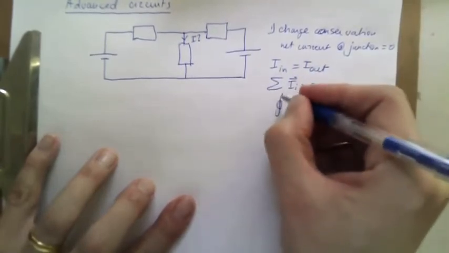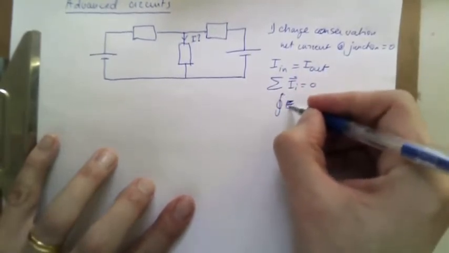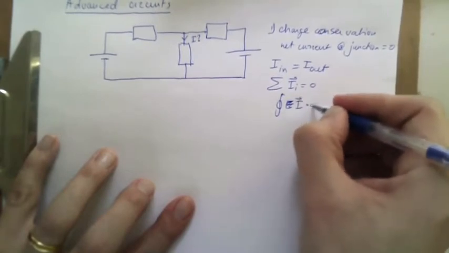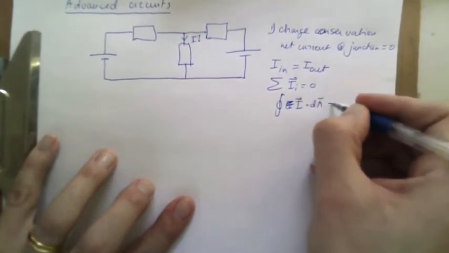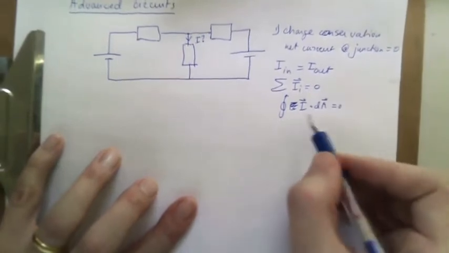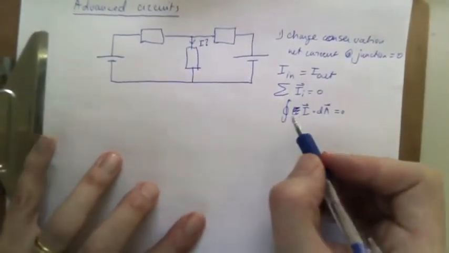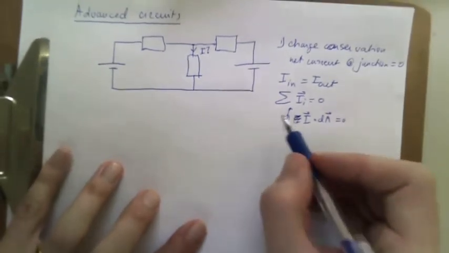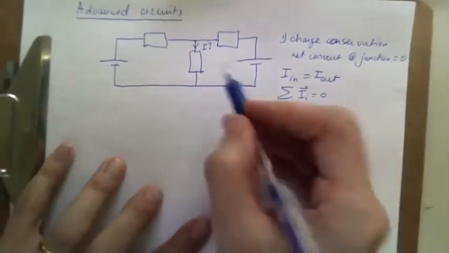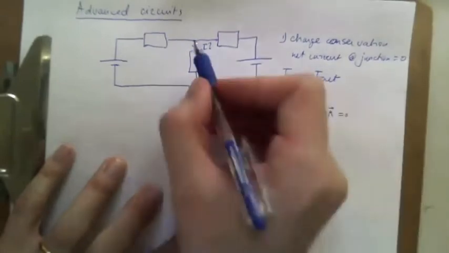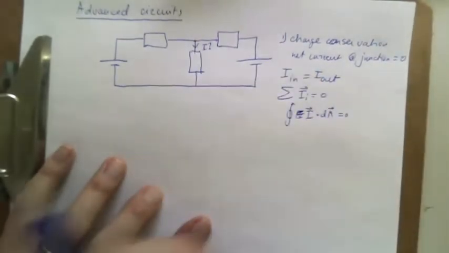Or if you want to be super fancy, that's a Gaussian type integral. These are all the same things, right? So whatever current goes in must be equal to the current that goes out, because inside this volume or at this node, we cannot store charge.